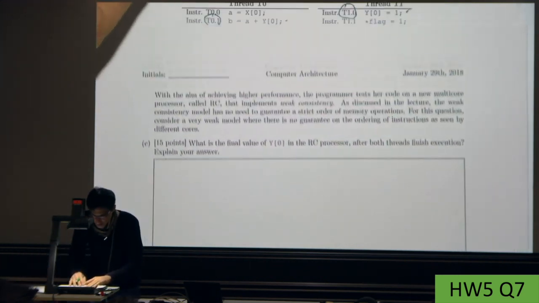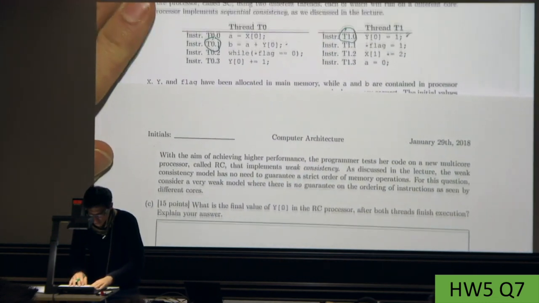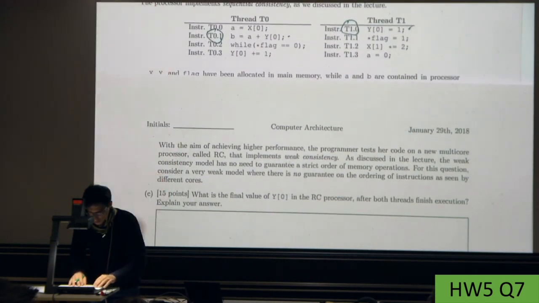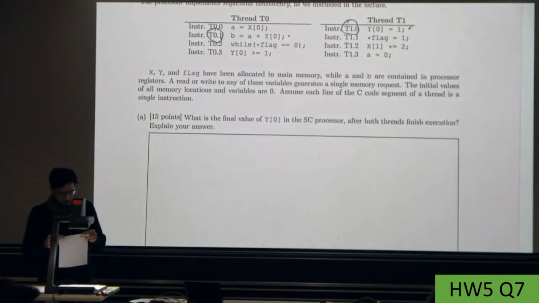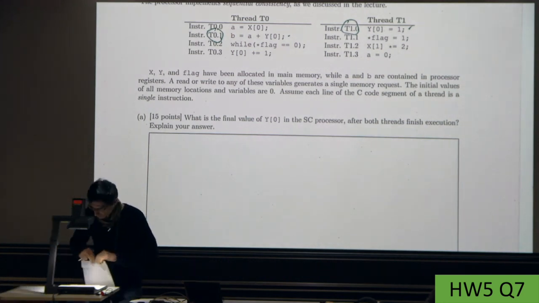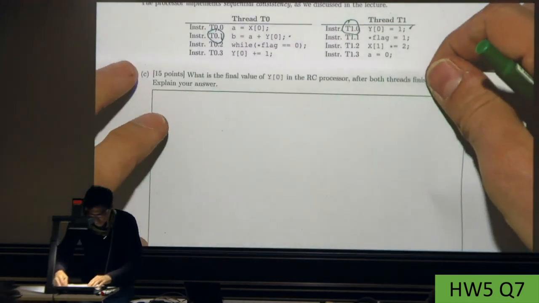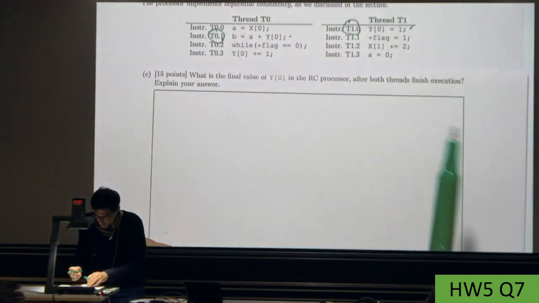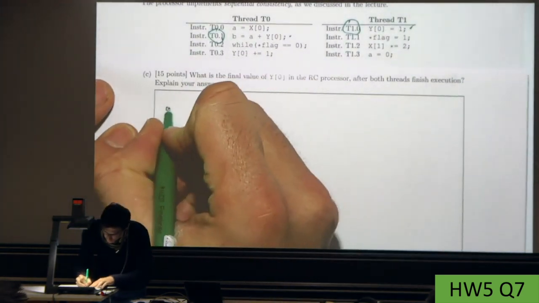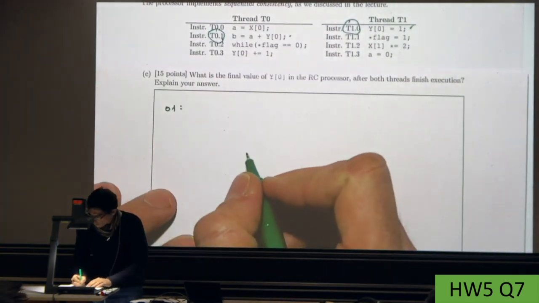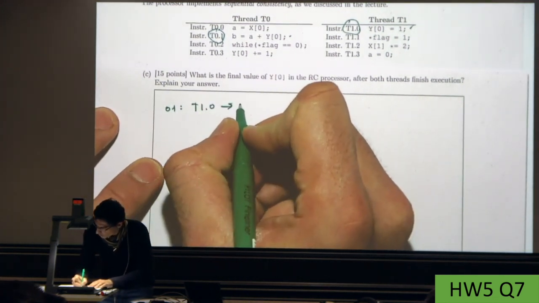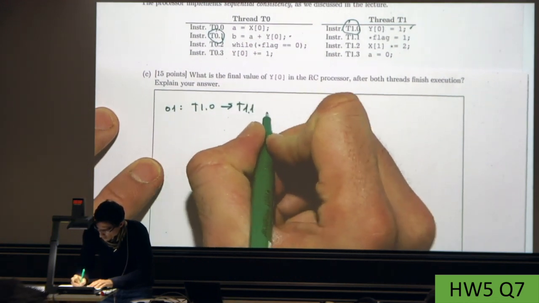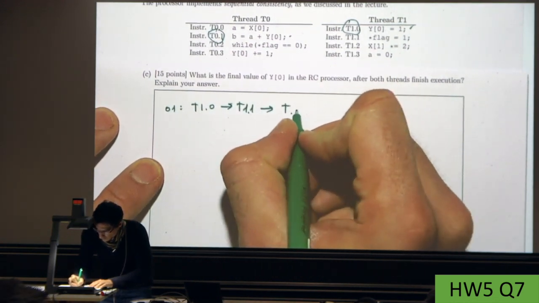In this case, let's go again to take a look at the code. Here is the code. We have three possible orderings from the perspective of T0. The first one, let's call it O1, consists of T10 executing before T11 before T03.